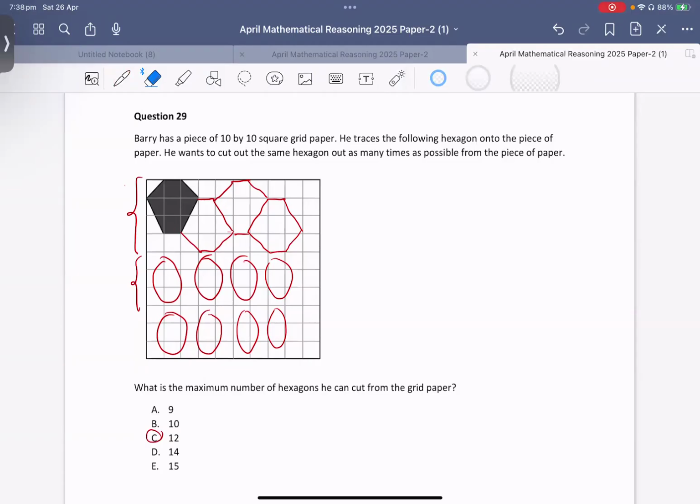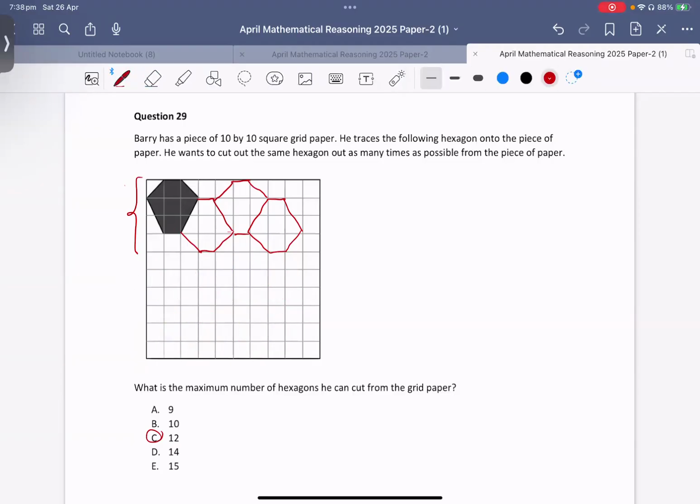And I know you might be thinking that you actually need a row of 1, 2, 3, 4. But remember that where I've drawn my circles isn't a perfect representation, right? Because we can fit them in like that, if that makes sense. And we can end up with 3 rows of that because again, we can fit another one down there, if that shows you guys what I mean. Okay, so that's how we can do that. So that's why we can do a 4 by 3 row, which is 12.